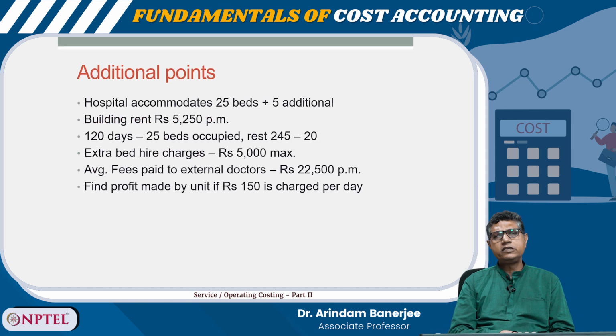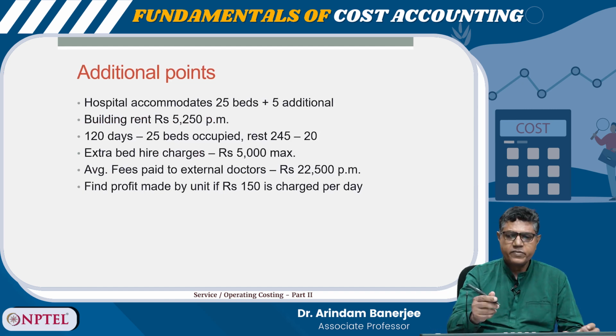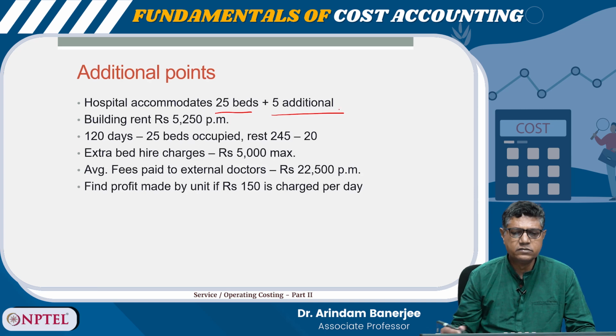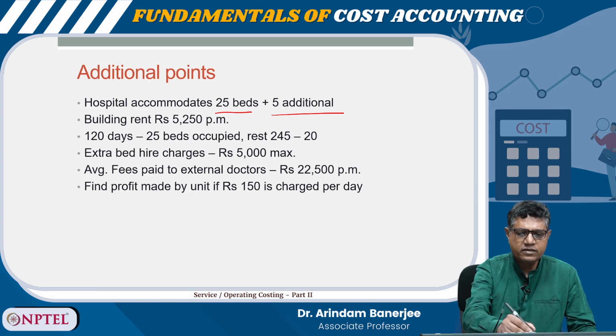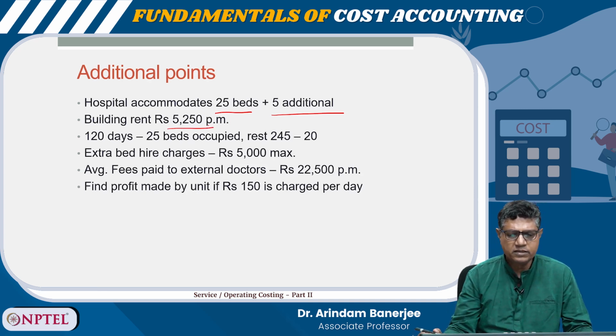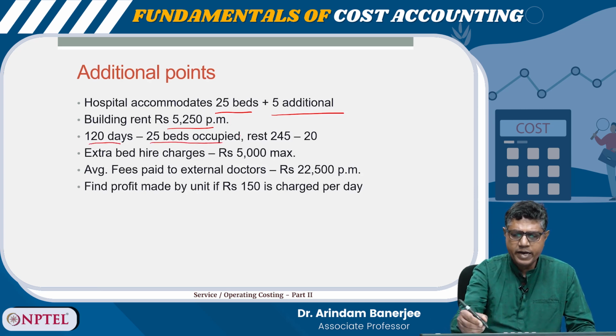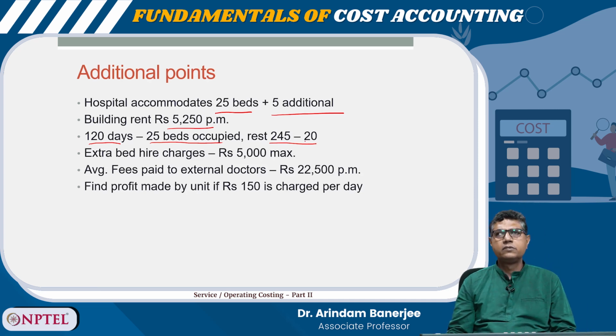There are some additional points. What are those? Hospital accommodates 25 beds plus 5 additional, right. Building rent rupees 5,250 per month. For 120 days, 25 beds occupied, the rest 245 days, 20 beds.